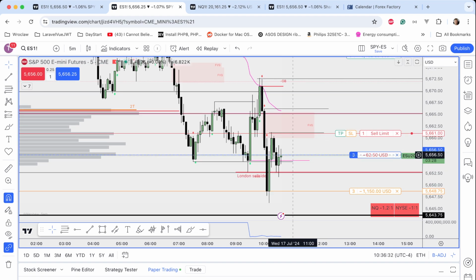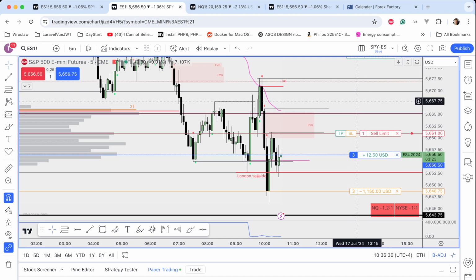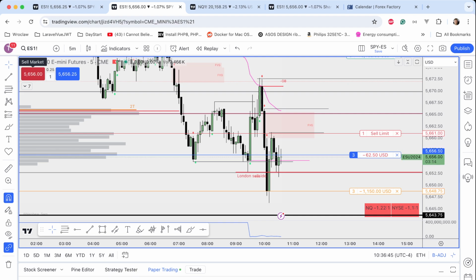I mean, what we could do is sell one just to not be so heavy. Let's see another push, and if we get another push, we'll sell one contract because we don't need to be 3 contracts.